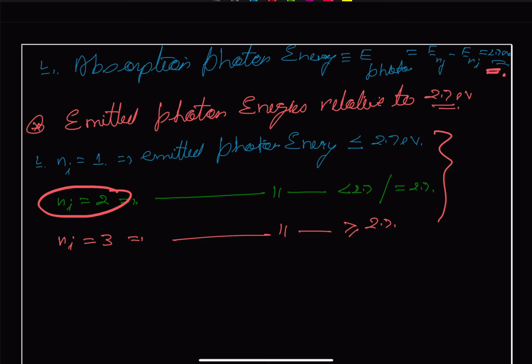I think I missed something here, one second. Oh yes, here it will be 'and greater than 2.7 electron volt'. Now it's complete.